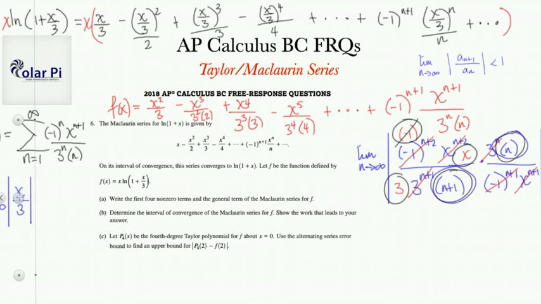And so we could write times the absolute value of n over n plus 1. This is usually a good habit to write, although it's not necessary. The AP will still give you full marks even if you didn't separate it in this manner, as long as you understand that the limit as n goes to infinity of this is 1, right? Okay, so this is less than 1.